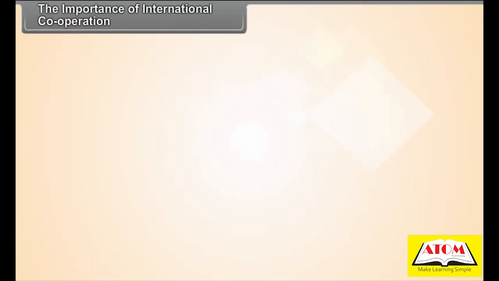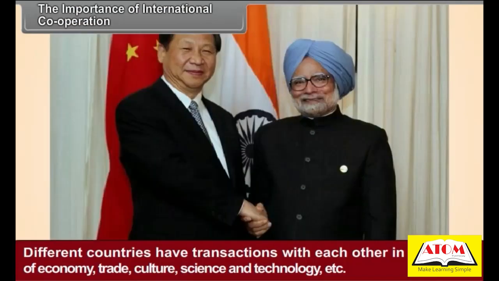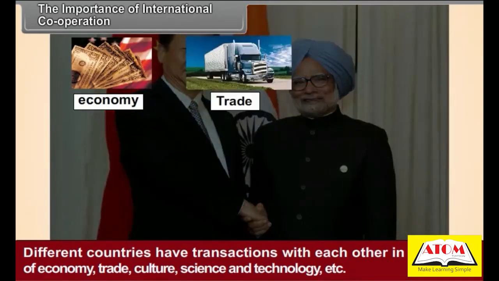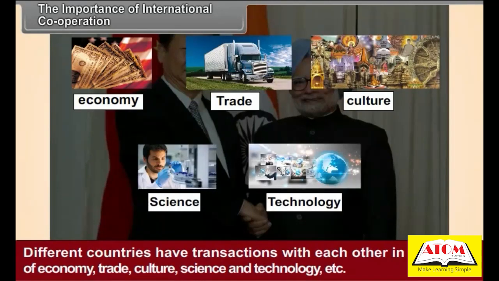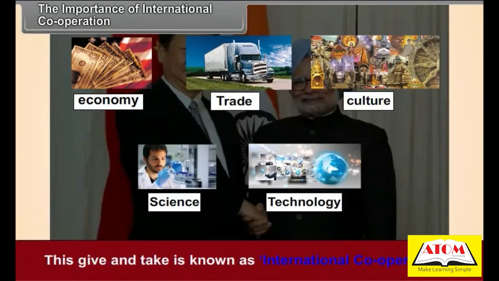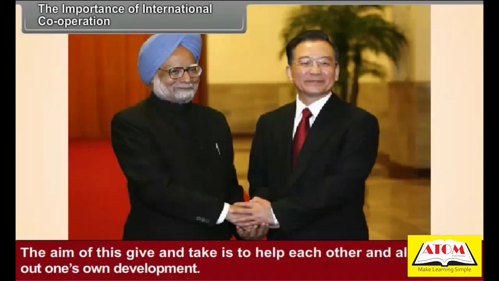The importance of international cooperation. Different countries have transactions with each other in the fields of economy, trade, culture, science and technology, etc. This give and take is known as international cooperation. The aim of this give and take is to help each other and also to carry out one's own development.